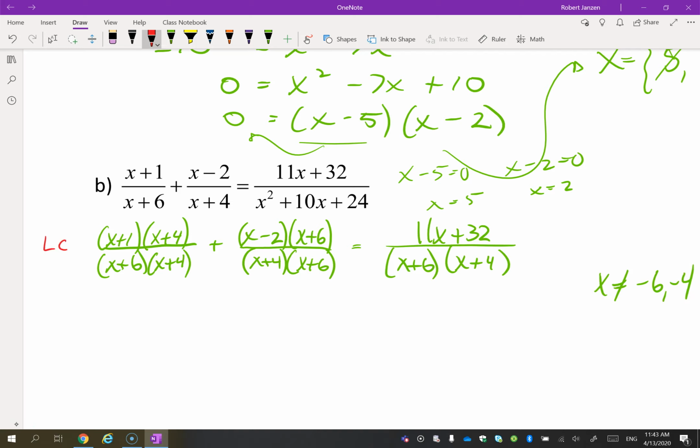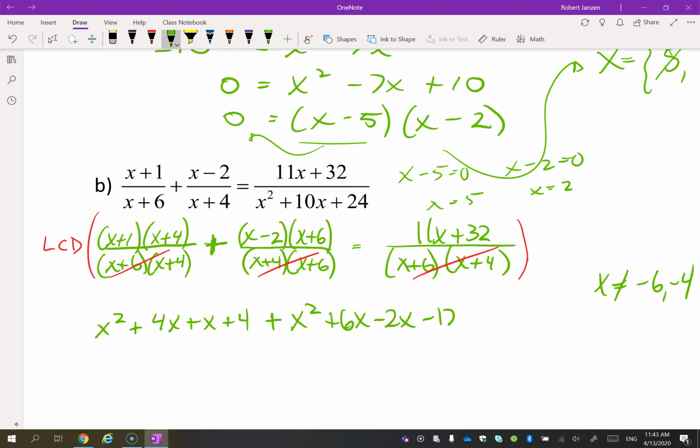Let's multiply by the LCD. It's going to eliminate each one. So then I'm going to have x squared plus 4x plus x plus 4 plus, so that's this plus here, x squared plus 6x minus 2x minus 12 equals 11x plus 32.